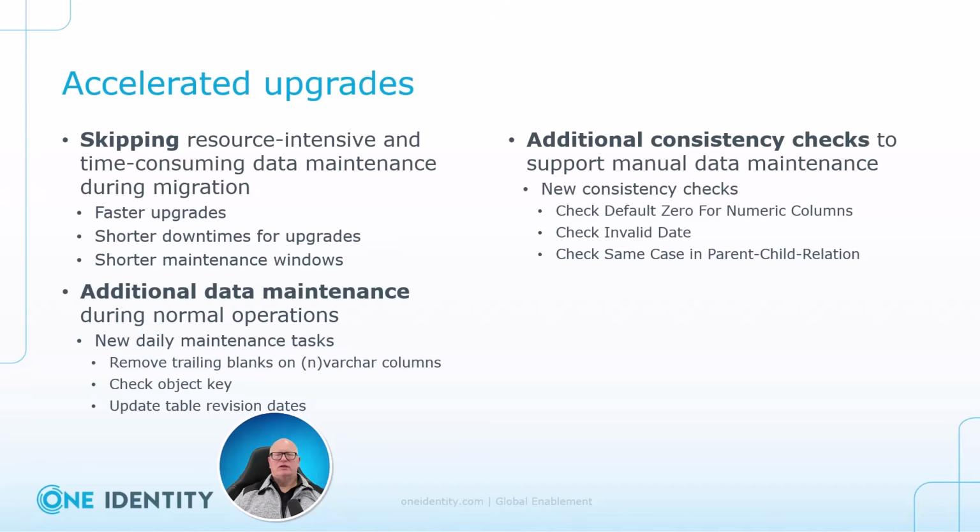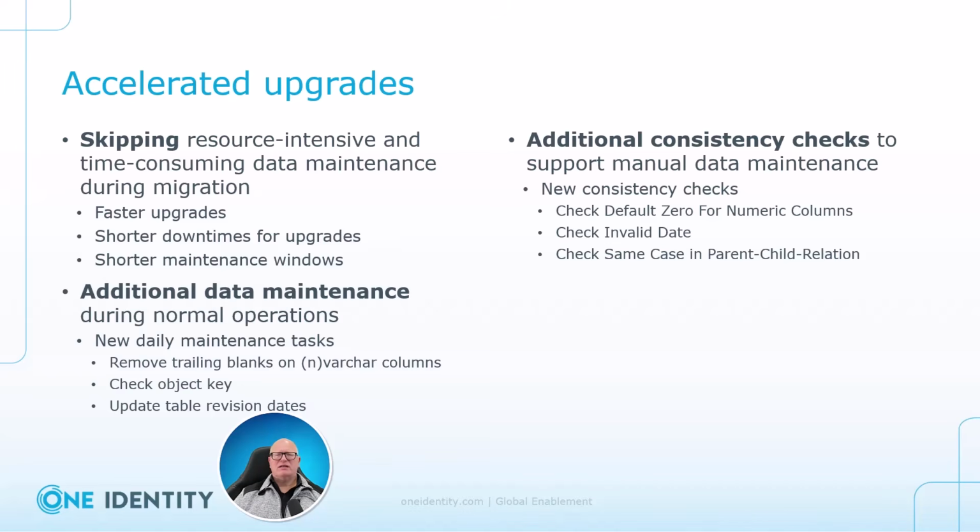And not really fitting to the block, but of course as well part of the installation or the upgrade of the Identity Manager, we are talking about accelerated upgrades. What I would like to say is that the database migration, that means moving from one version to the other, is now much faster. The reason for this is that R&D decided just to remove several data maintenance jobs.